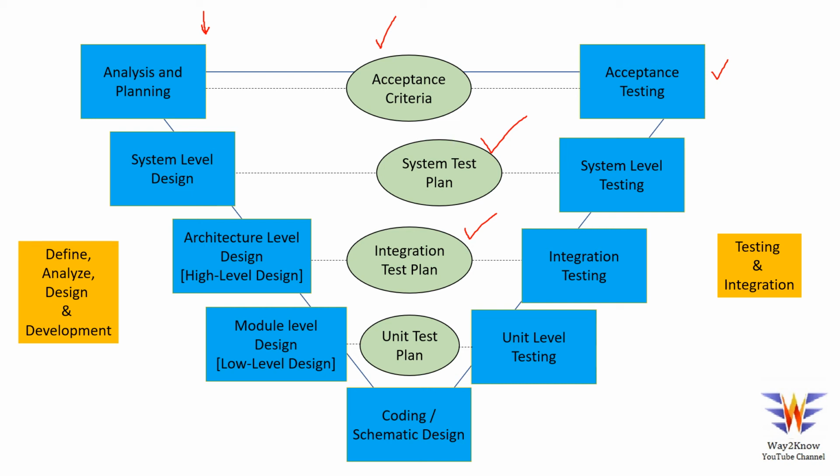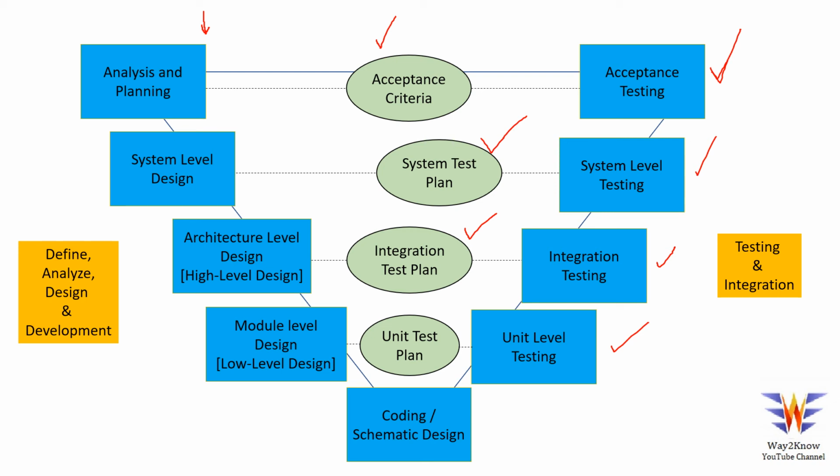Once that is done, we move to testing. The testing and integration phase, as we said, involves unit level testing, which means preliminary tests, and then integration testing, which involves integrating the hardware, the firmware, and any software applications, and then goes to the system level testing and the acceptance criteria. So the starting phase and the ending phase of the project are strongly linked.